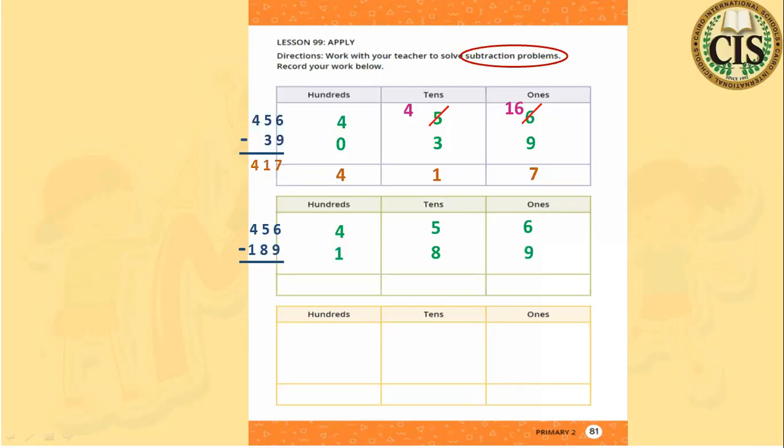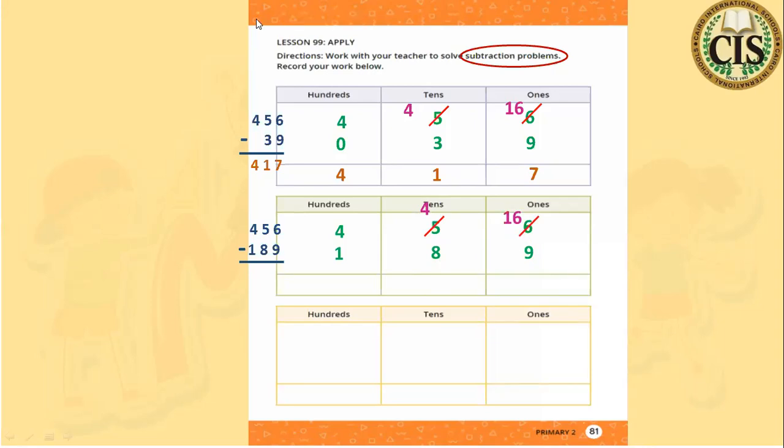Do we have more on the top? No, we have more on the floor. So go to next door and knock, knock, knock. Can you give me 1, please? So 5 will give me 1. So 5 will be 4. And 6 in ones will be 16. Very good, excellent.